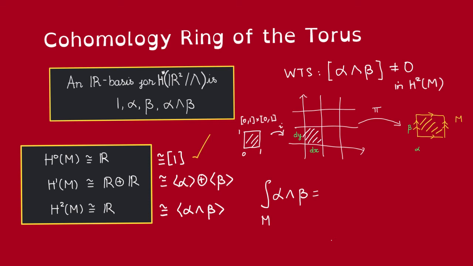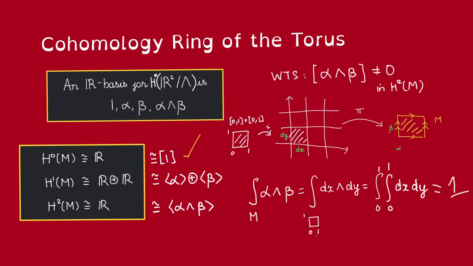Thus, this integral is going to be equal to the integral over that unit square of dx wedge dy, which is just equal to 1. And so because this integral is non-zero, the class of alpha wedge beta is not zero, and thus alpha wedge beta must generate the second cohomology of the torus.